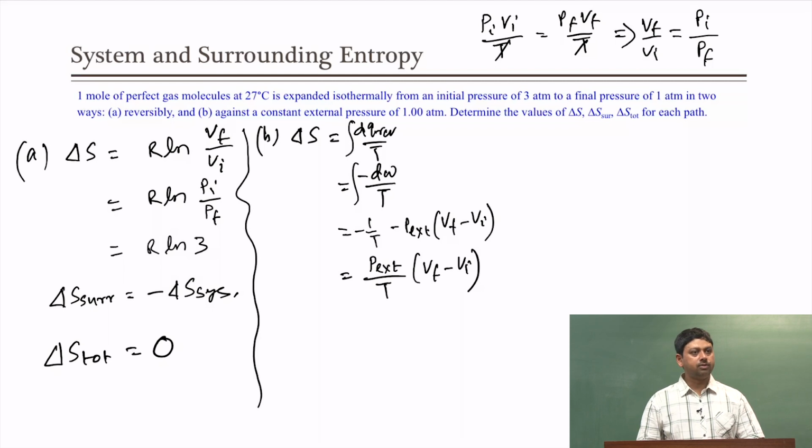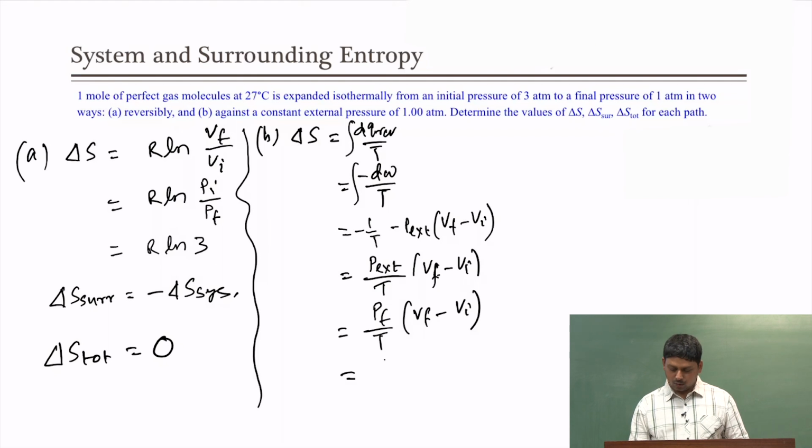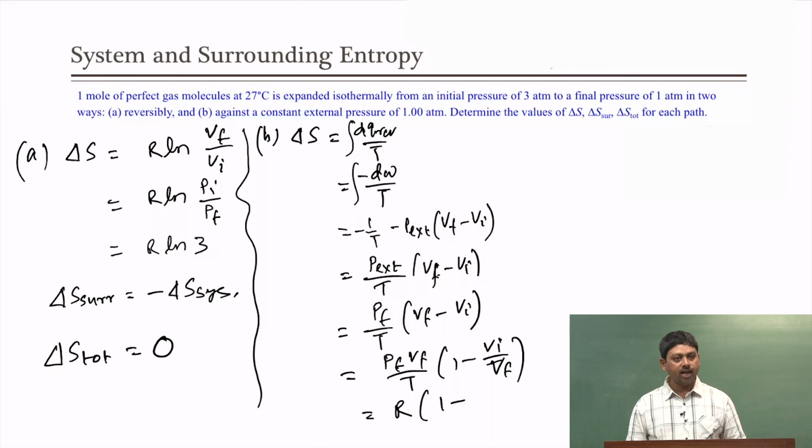Now we have to calculate what is V f and what is V i. Again we will use the ideal gas formula. So P f V f by T is R, that is also fine, times 1 minus V i by V f. What is V i by V f? It is P f by P i.